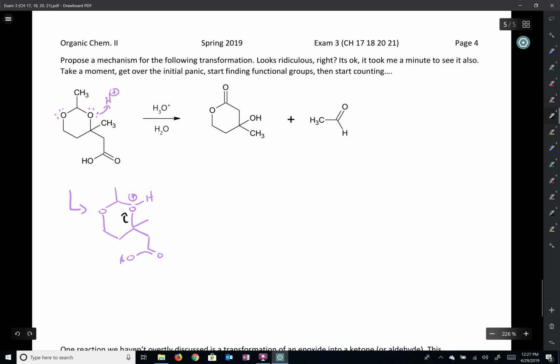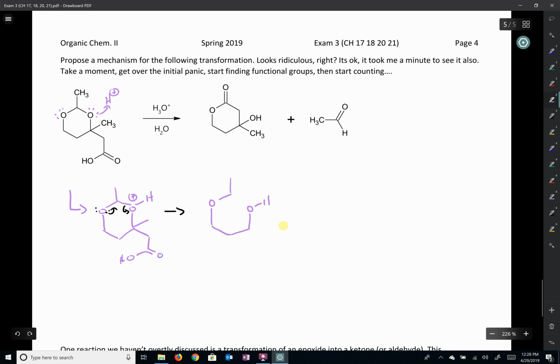We could break that bond and leave a carbocation, or any of these different ways of doing it. And truth be told, there's probably several ways that this happens. But what we're going to do is this. We'll do that right there. Let's see what happens if we follow this set of reactions here.